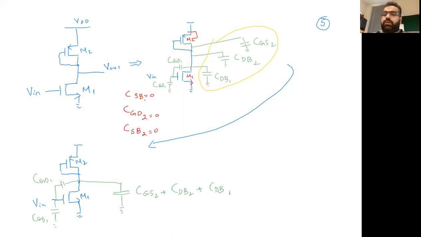All of these are going to be added together and multiplied by the Rout here. CGS1 is going to be multiplied by the input impedance, and CGD1 is intermediate between two nodes. That brings us back to the old notion we covered in the last lecture, the Miller capacitance.